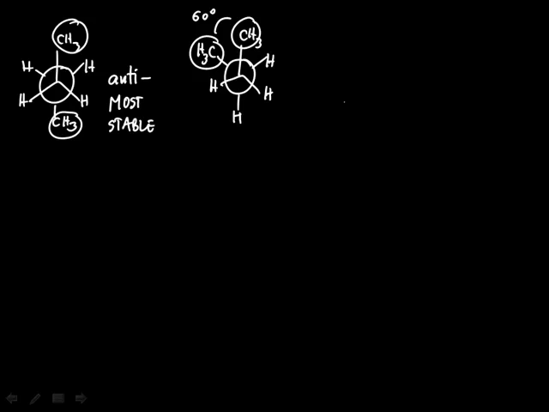And so, even though they're not eclipsing each other, they're still relatively close to each other, which brings in some instability. This conformation is called gauche, which comes from the French word meaning awkward, or left-handed. This is obviously a little bit of an old language from when left-handed people were thought of as strange. And this is the second most stable conformation.